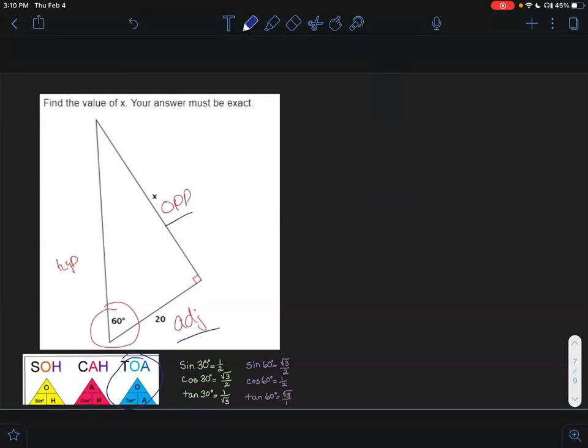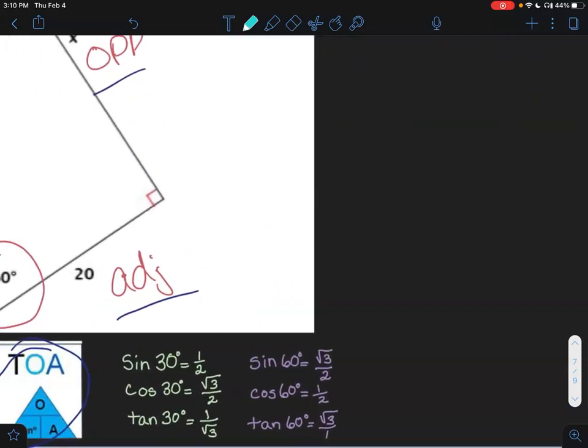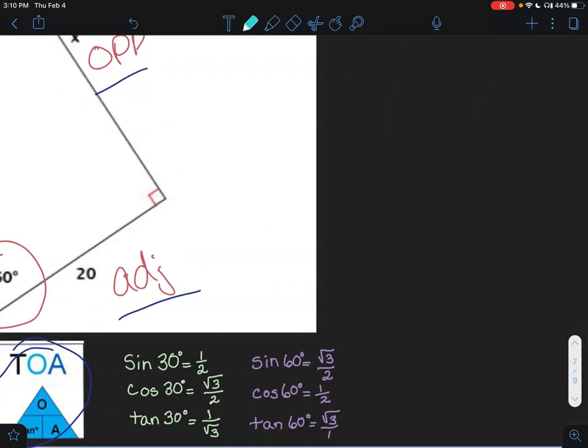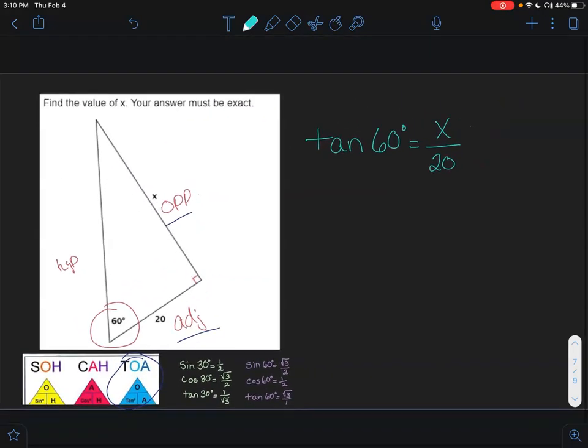All right, so let's go ahead and solve. So again, we're going to use the trig function of tangent. The angle measure is 60. And we are, again, opposite, which is x, over my adjacent side, which is 20. Looking at our functions here, tangent of 60 is square root of 3 over 1, equal to x over 20.